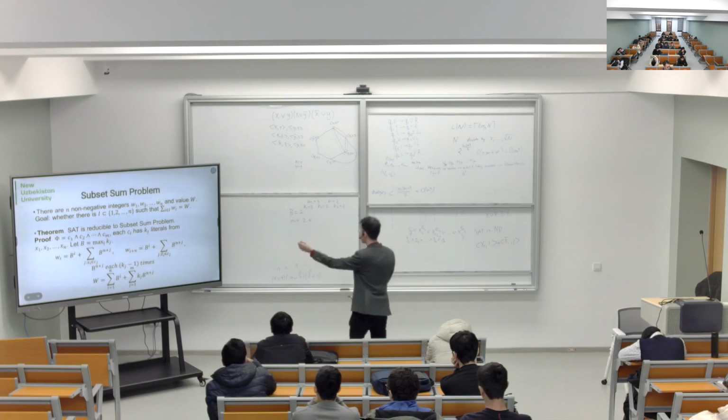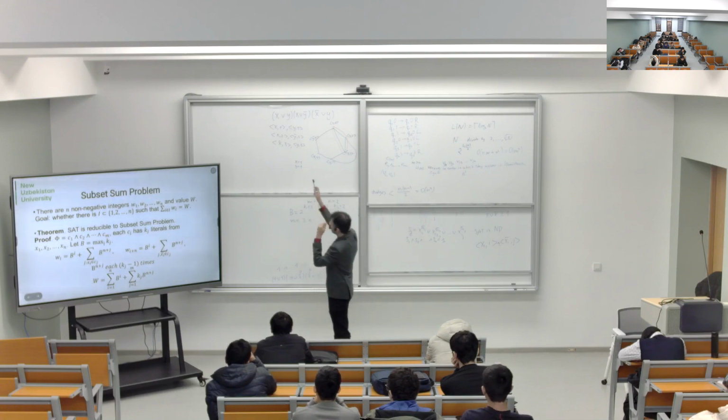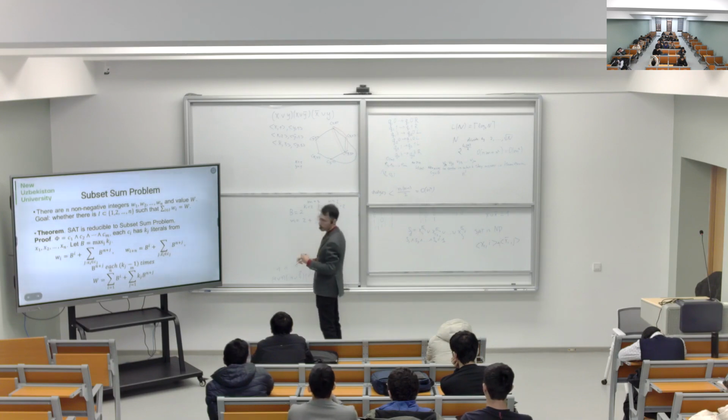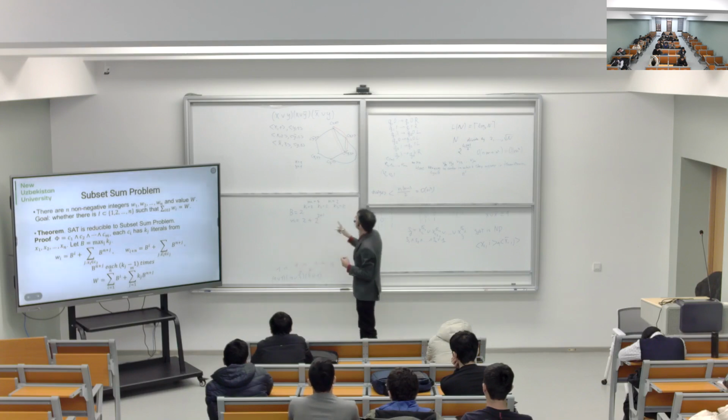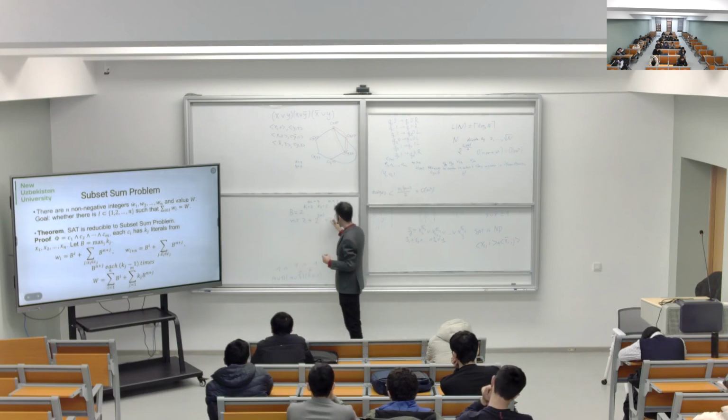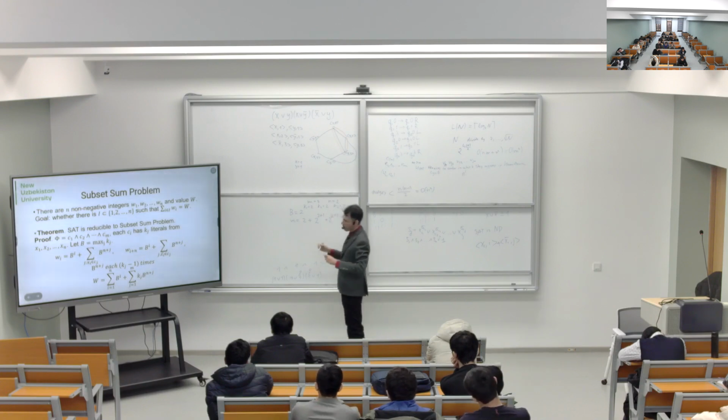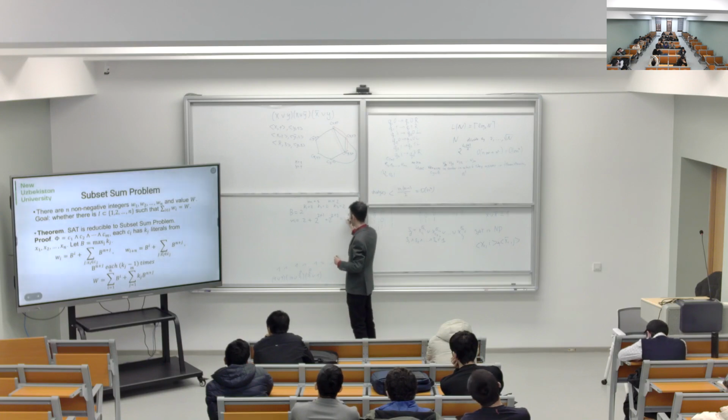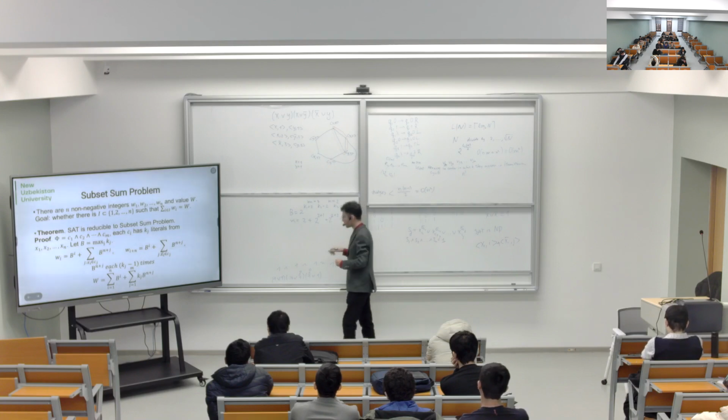So x is a variable in the first clause, so it will be 2 to the power of n plus 1. Next, x is a variable in the second clause, so it will be 2 to the power of 2 plus 2. But x is not a variable in the third clause. So that's all. So we'll have 2 plus 2 to the power of 3, 2 to the power of 4.